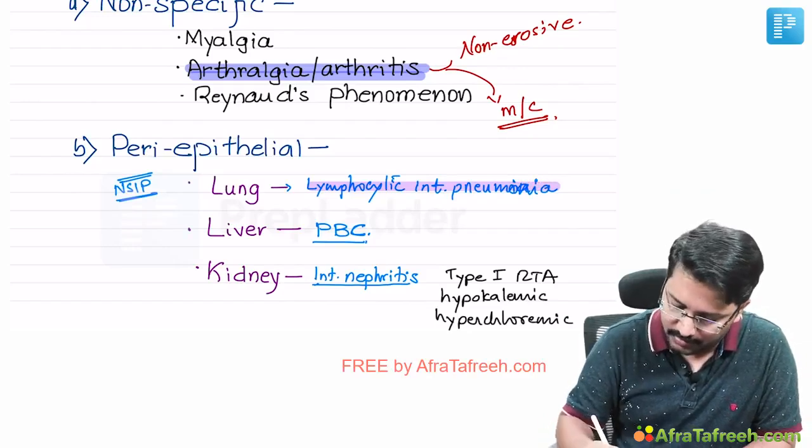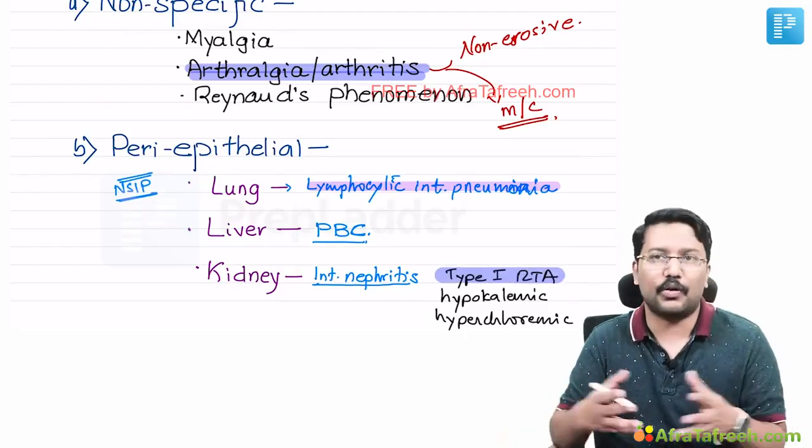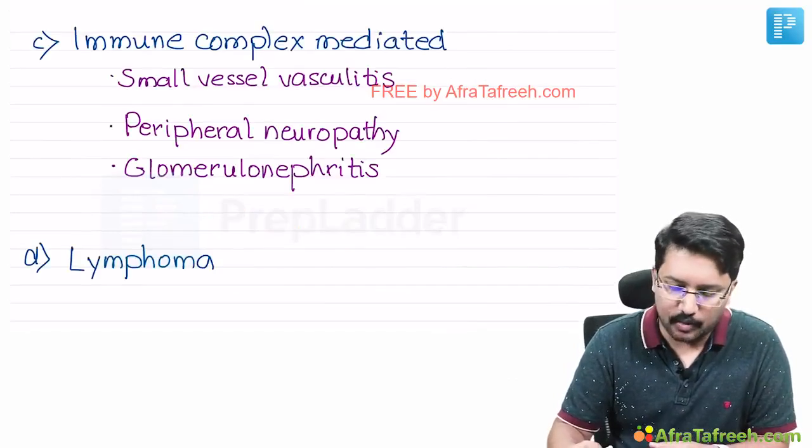Hypokalemic hyperchloremic acidosis. So basically it is a type 1 renal tubular acidosis, or you can call it distal renal tubular acidosis, right? So these are the periepithelial complications.